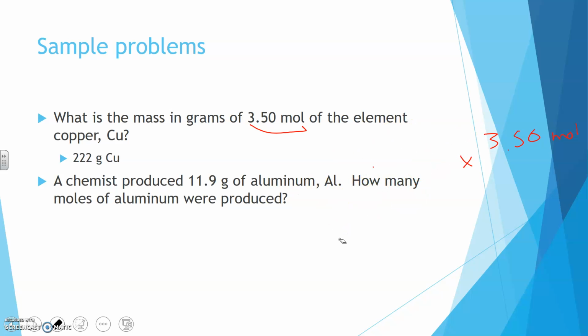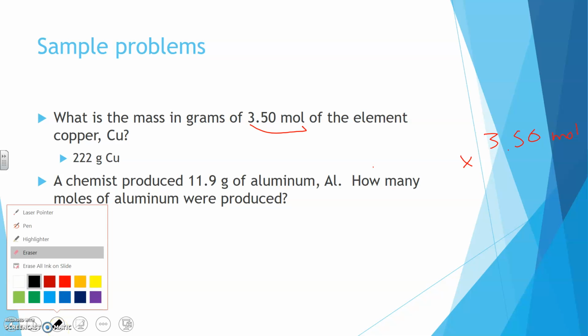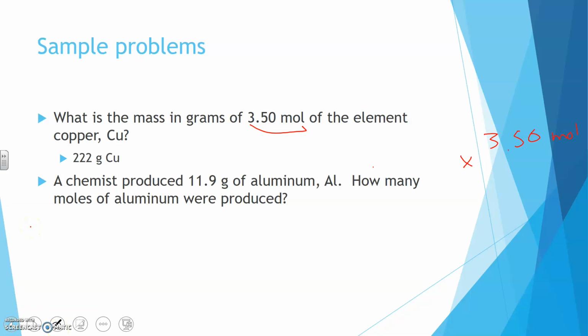All right, a chemist produced 11.9 grams of aluminum. So we're given grams. How many moles of aluminum were produced? So you have your 11.9 grams. Now, are we going to need grams on top or bottom? Need to have them on bottom so that they will cancel with the grams here. So again, look at your periodic table.